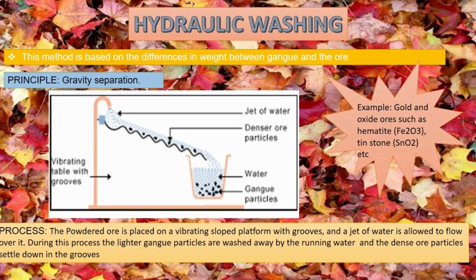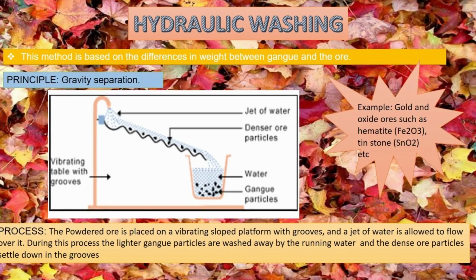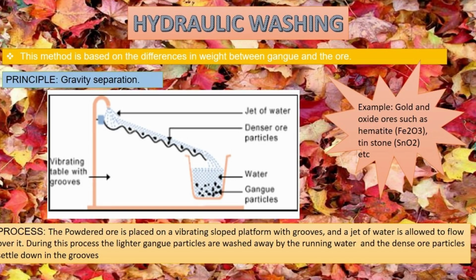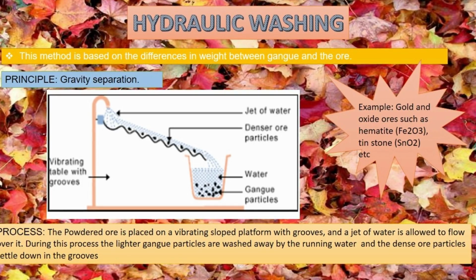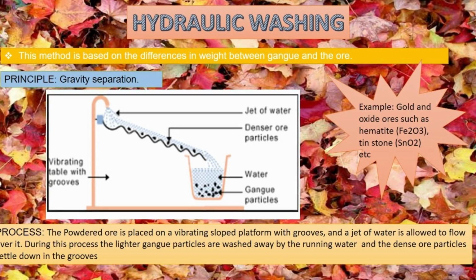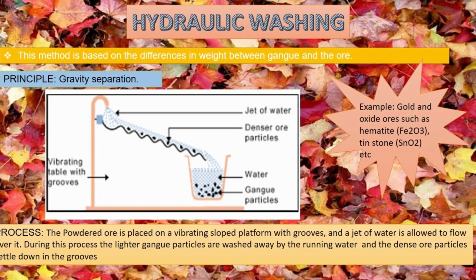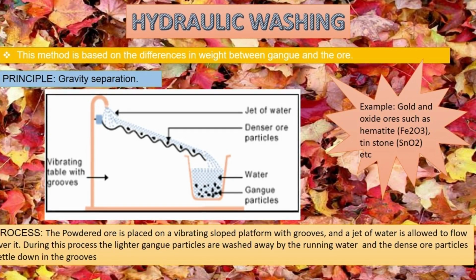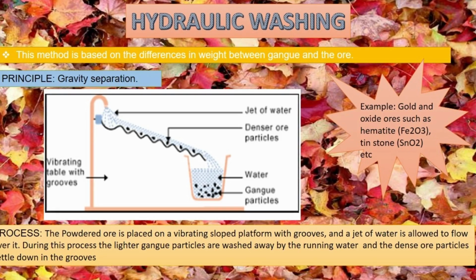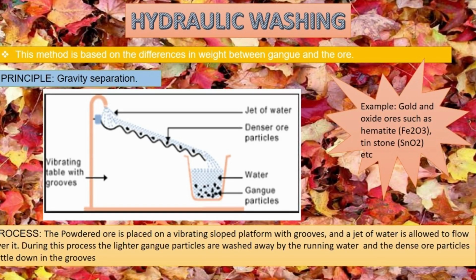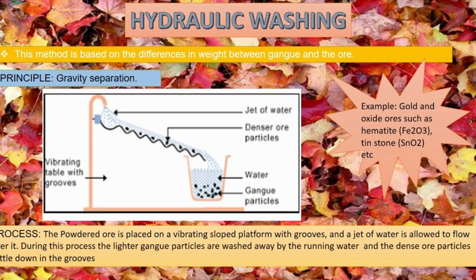In this method, we take the powdered ore on a sloping platform and a stream of water is made to pass through it. So what happens is that the lighter earthly impurities will get washed away along with the water and the heavier ore will be left behind.